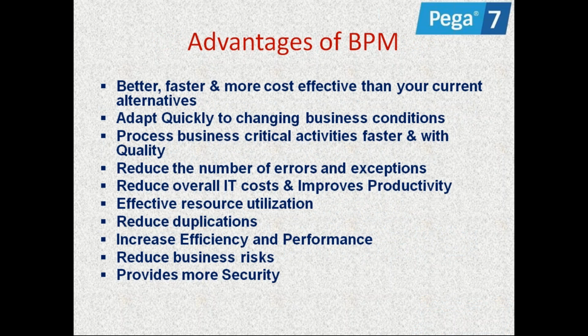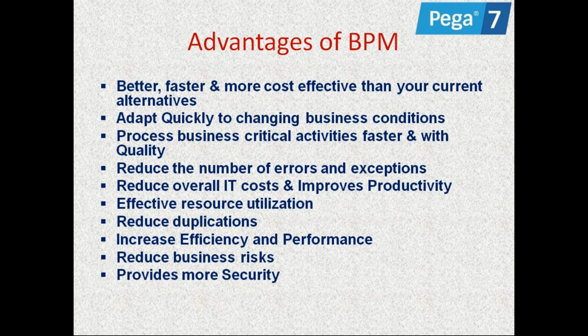Some advantages compared with traditional programming languages like Java: in Pega, application development time is very fast because there is no coding part. Directly we can use the features and design applications.